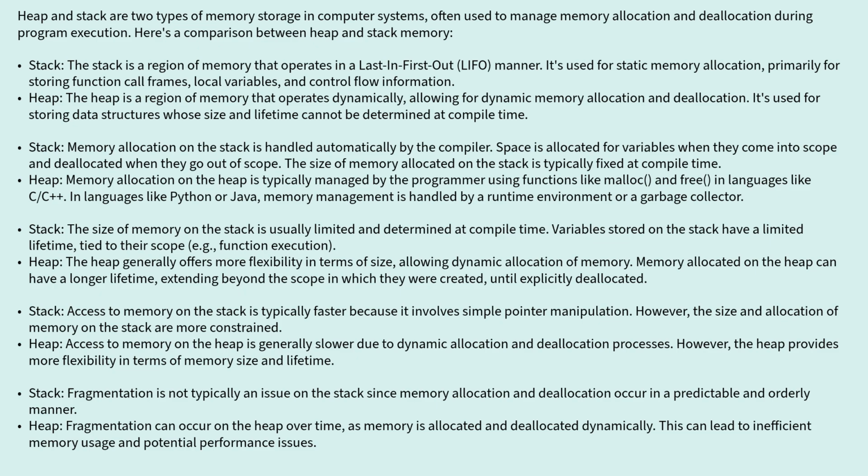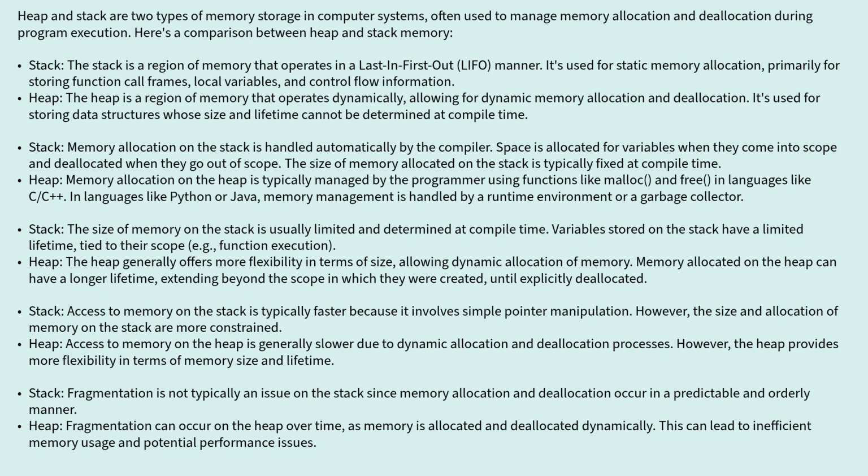Once the execution of that function is over, it will be popped out of the stack, and then we go back to the previous function. Again, once that function is finished, we pop it out. This is also how recursion works. So this is what stack memory is generally used for.